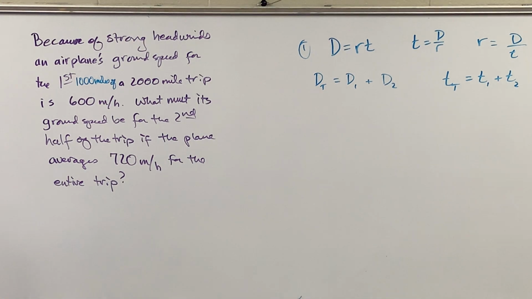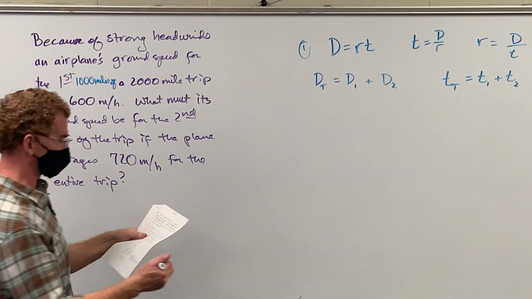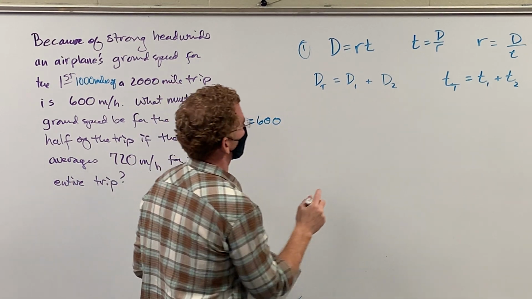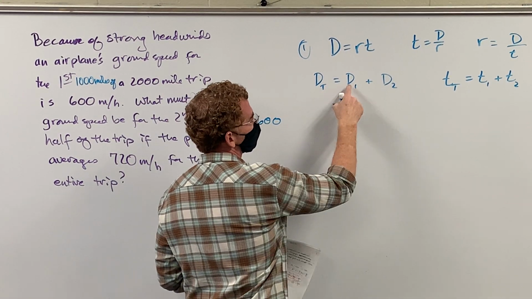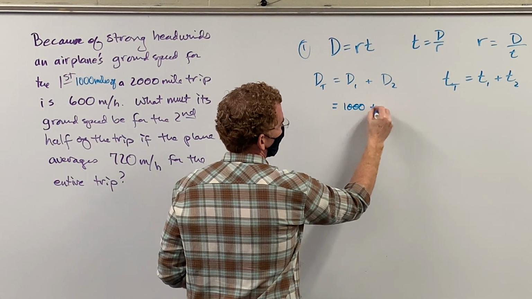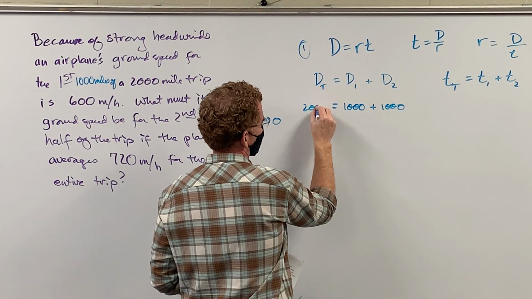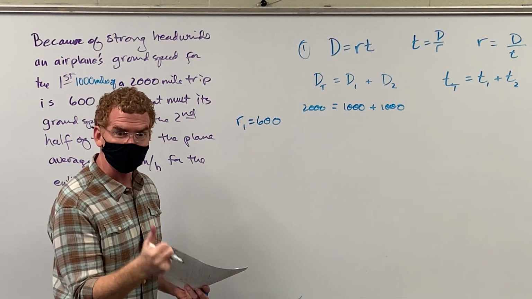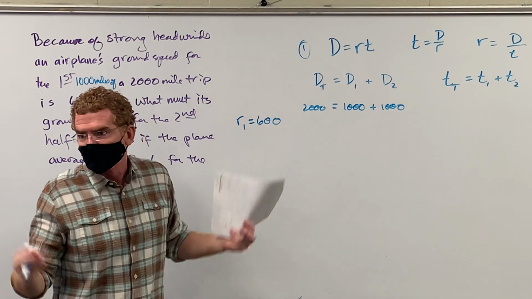So let's go back and look. What do I know here? I know the first rate looks like 600 miles per hour. First rate is 600. Okay, so right here, I don't know D1. Actually, I do know D1. D1's 1,000. But if I plug 1,000 there, and 1,000 there, and 2,000 there, I don't really get anywhere in terms of solving this, do I? I'm very comfortable with 2,000 equals 2,000, but not a lot of luck there.